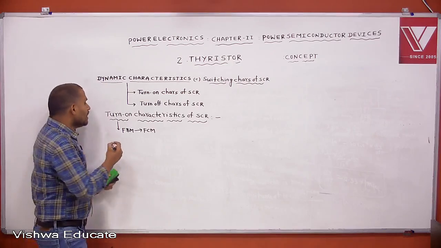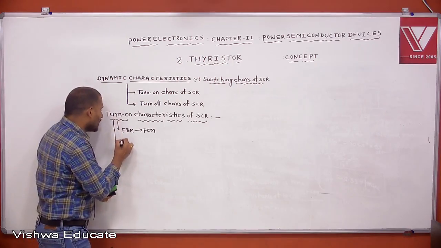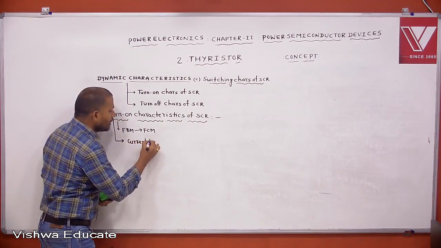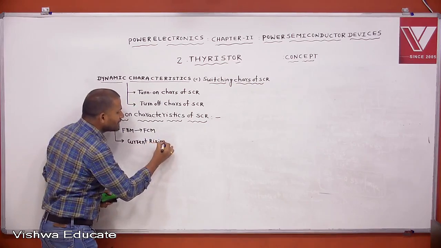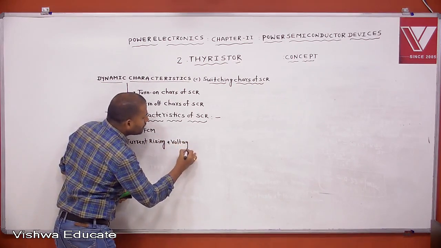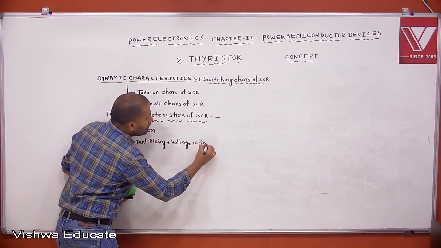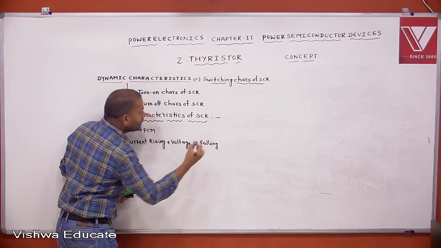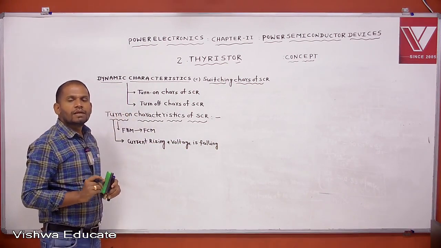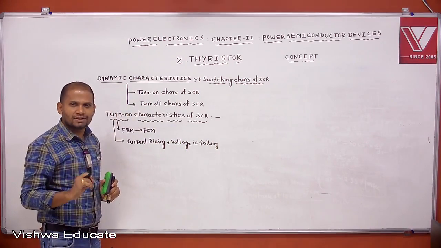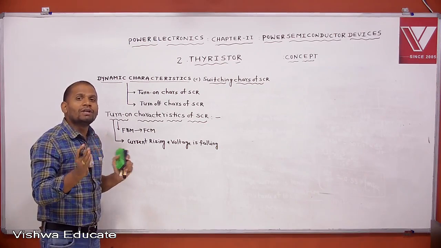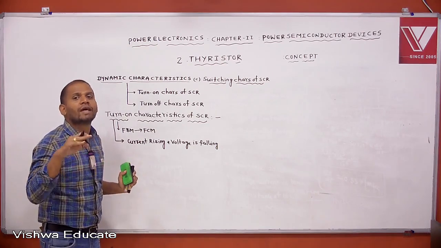I told already, turn on is nothing but the current through the SCR rising and the voltage across the SCR falling. The turn on characteristics explain how the current and voltage change during turn on. That is the significance.